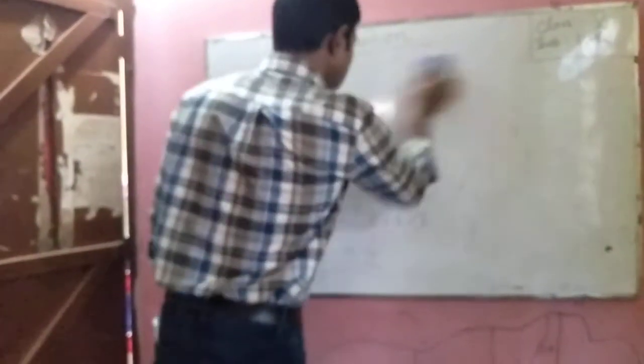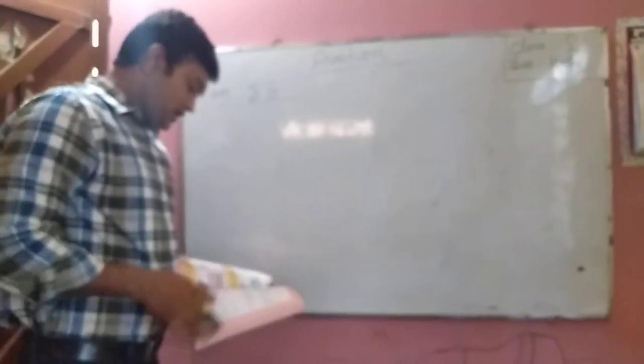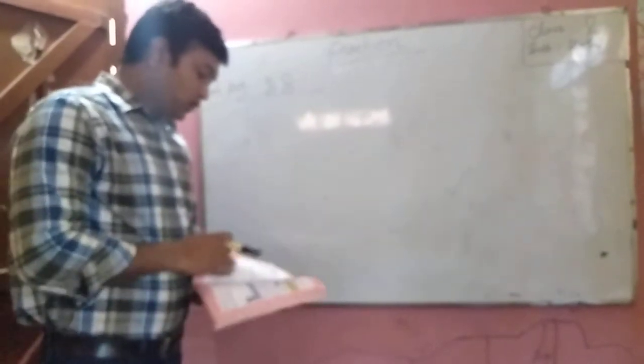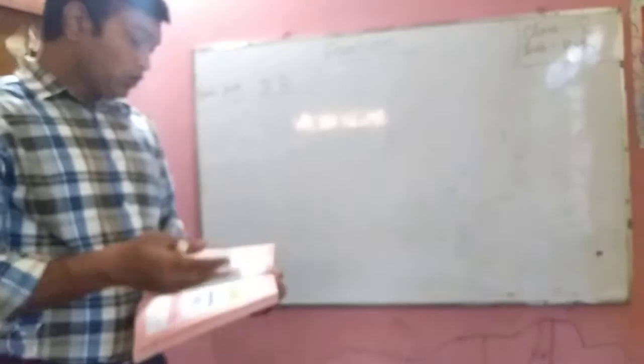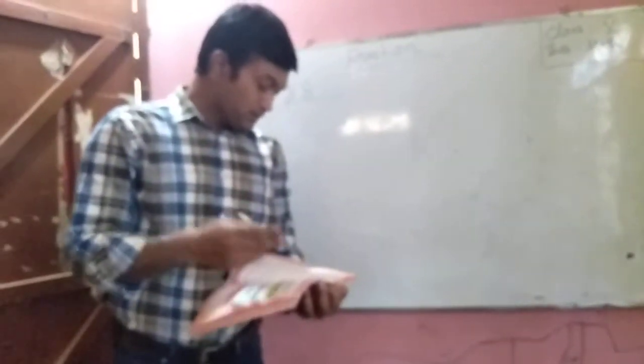So now the next one, addition and subtraction. I hope you know how to do addition and subtraction, but I will solve some other things like simplification. Go to page number 44.